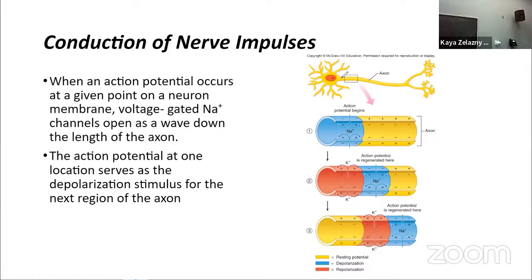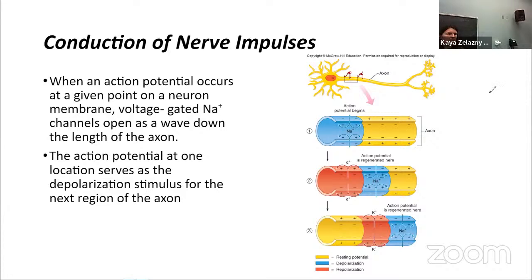So we'll have our little wave happening here, then here, then here, and so on. What we're tracking with that pulse of light is each of these peaks, so we're following that peak to positive 30 down the axon.